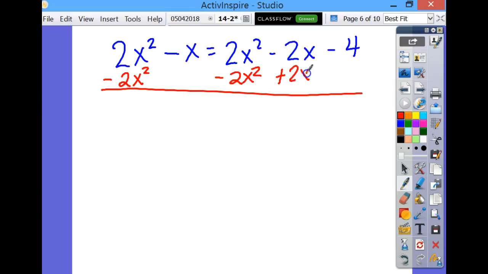Let's go ahead and do this one also. Let's add 2x to both sides. This is going to cancel out. That's going to be x equals -4.